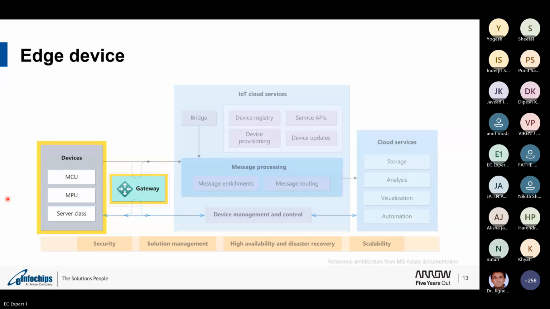MCUs often use an OS called an RTOS, which is a real-time operating system that runs on a bare metal device. It provides real-time responses, unlike our desktop or laptop devices, which use Windows or Linux as an operating system. And this is a highly reactive event-based operating system.